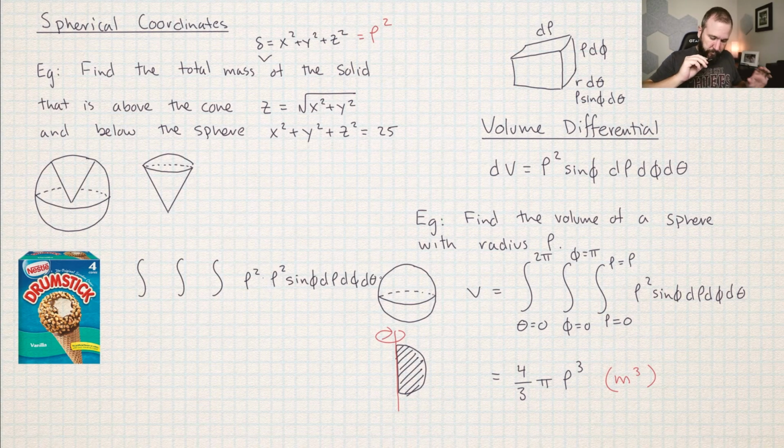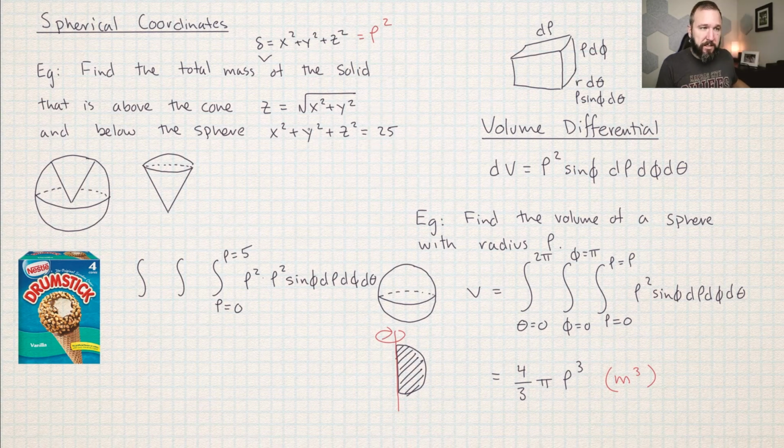All right. So what about all these limits? So now I'm going to imagine a ray starting at the origin and emanating out. Since the ray starts inside the solid, I'm going to start at rho equal to 0, and then it's going to exit right here at rho equal to 5.